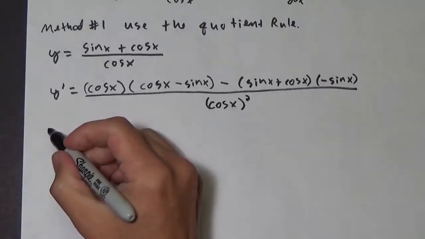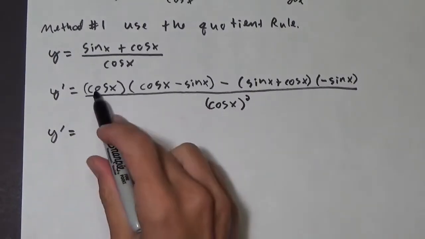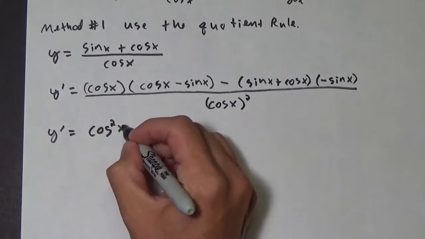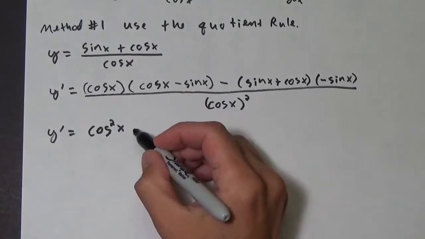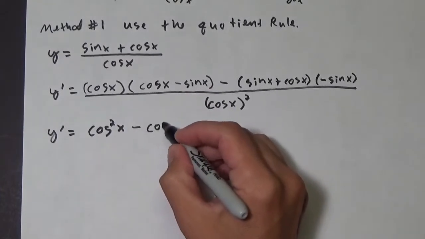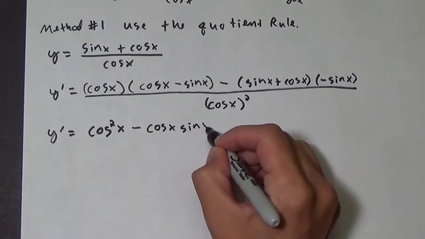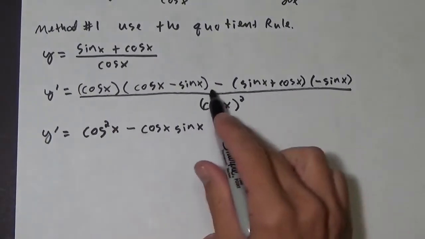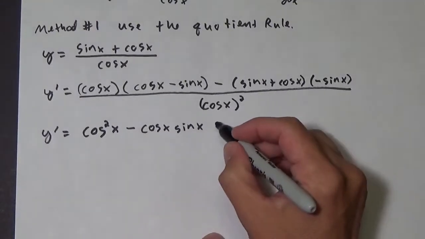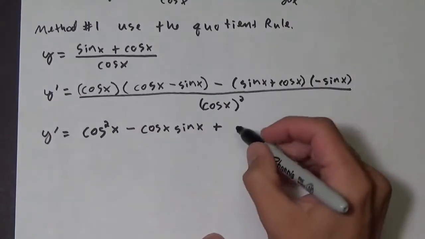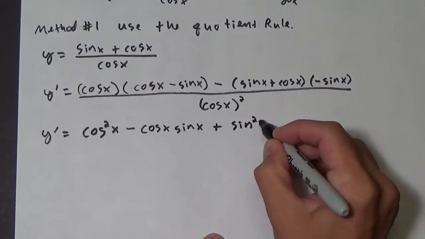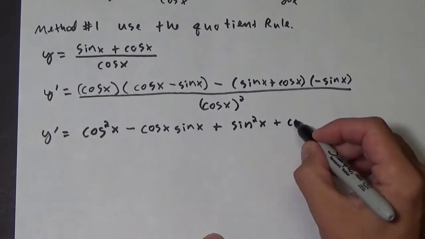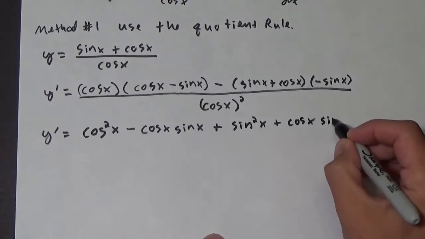Now in this example we do need to simplify things, so let's go ahead and do that. So y prime is going to be, cosine times cosine is the cosine squared of x. Cosine times a negative sine is a negative cosine of x sine of x. Over here these two negatives cancel out, so we're going to add sine of x times sine of x, which is the sine squared of x. Sine of x times cosine of x is plus cosine of x sine of x.